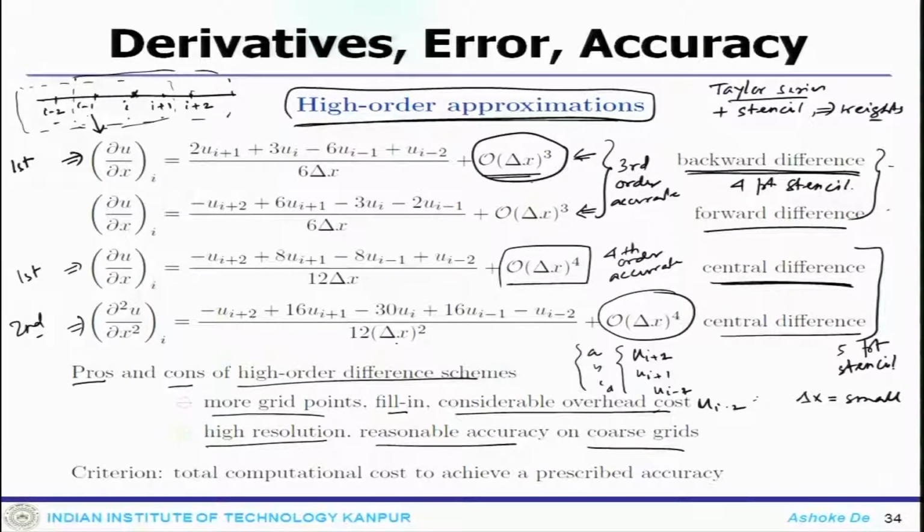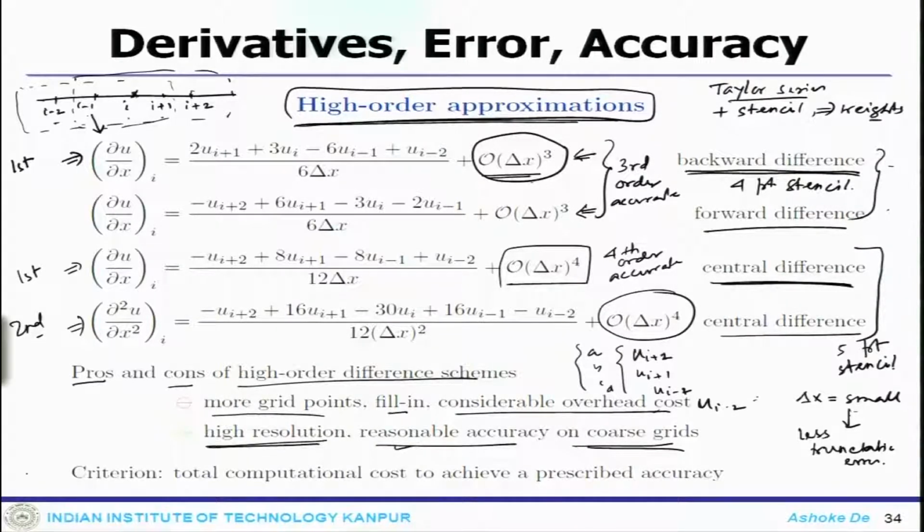Even here, if it is small, this leads to less truncation error. But what we say here by high resolution is that a higher order scheme or higher order approximation, even on a coarser grid, that means delta x is not very small, gives you reasonable accuracy.